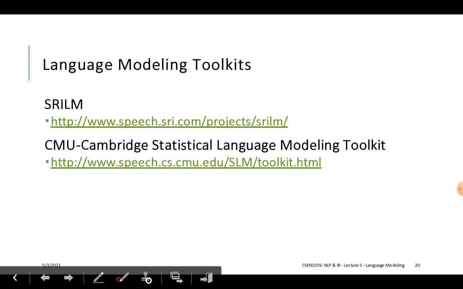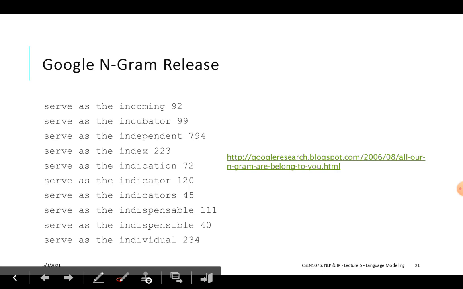Here are more data sets and more language models that you can find on the internet. There's the Cambridge Statistical Language Modeling Toolkit based on the Cambridge data set. And then here you have SRILM, which also includes a data set combined with the language model that was generated from that data set. But also you have something great, which is the Google Ngram data set.